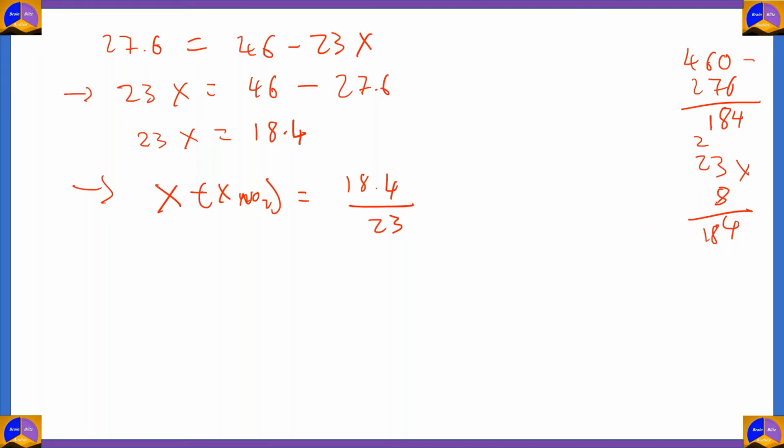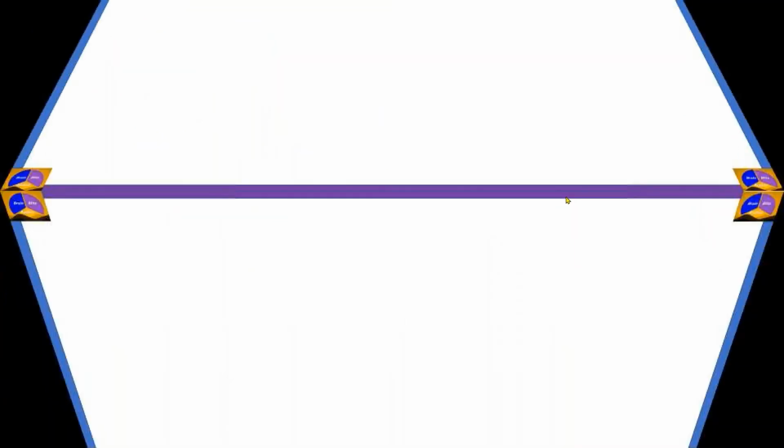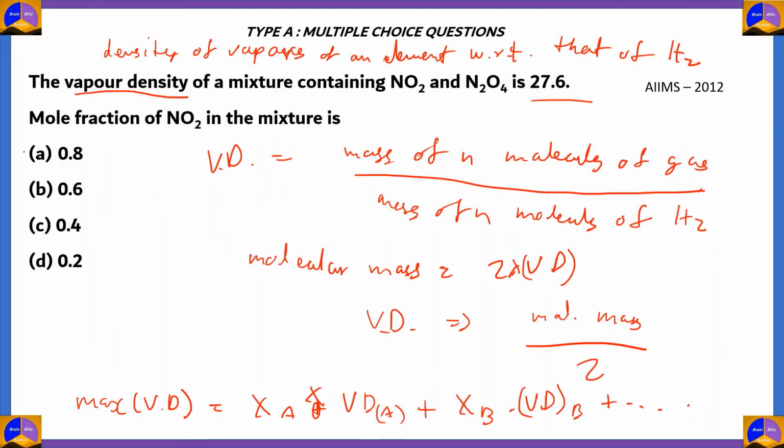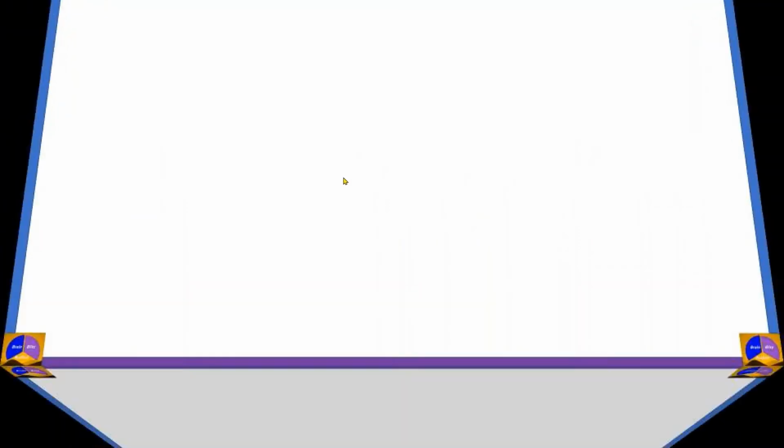So 184 divided by 8 gives you 23. So 18.4 divided by 23 will give you 0.8. So the mole fraction of NO2 is 0.8. And if you look at our options, you find that option A, 0.8, is the right answer on calculating.